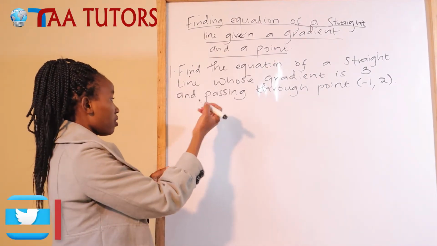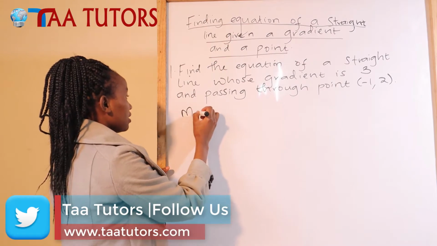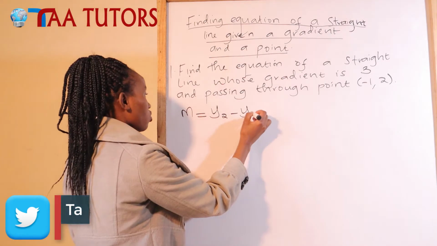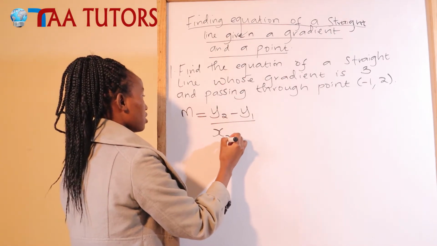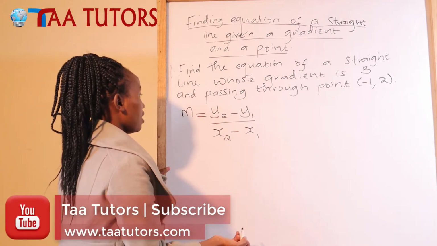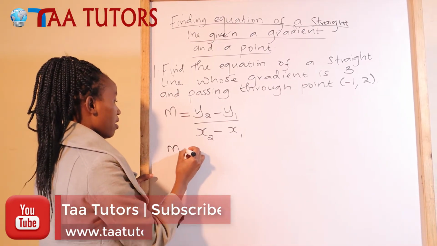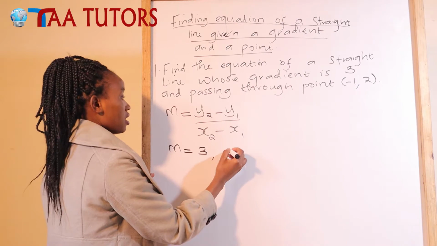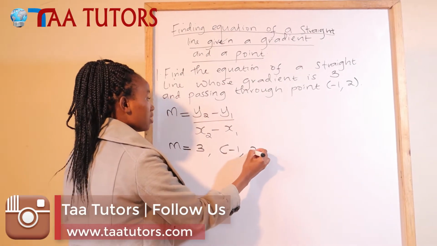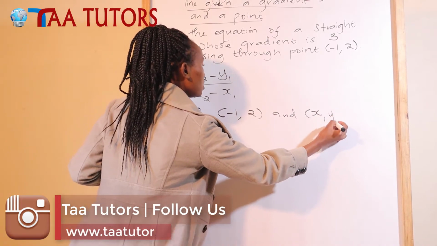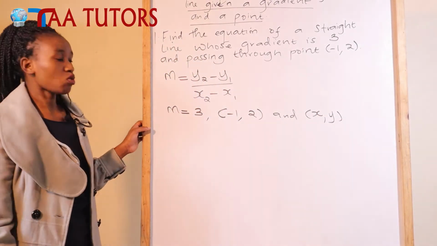So we know that the formula for calculating the gradient of a line equals y2 minus y1 over x2 minus x1. Now that you have been given the gradient, our m is 3, the point given is -1, 2. We take another point, a known point, which is x, y.